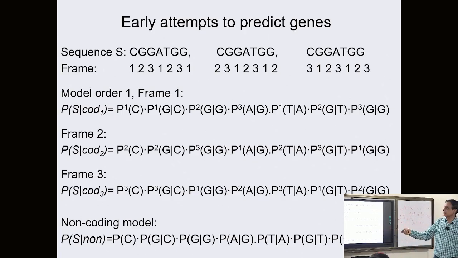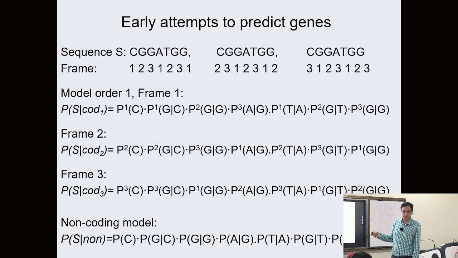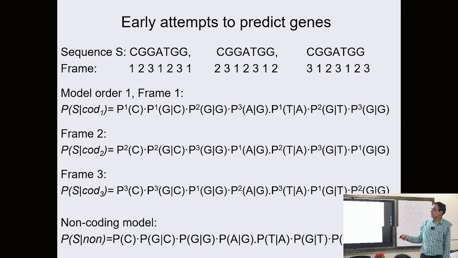This is for a first order Markov chain model. The probability of the sequence to be non-coding can also be computed. This is the homogeneous Markov chain model description, and these are the non-homogeneous ones.